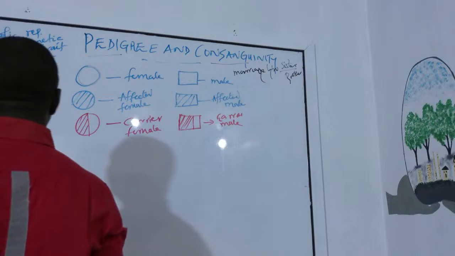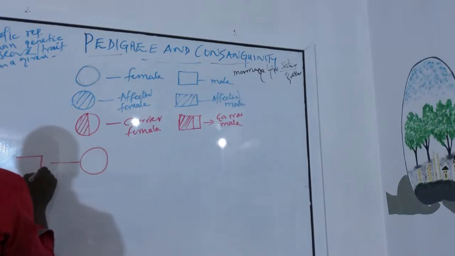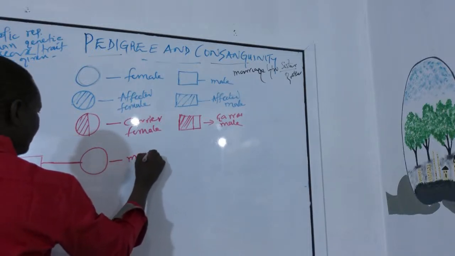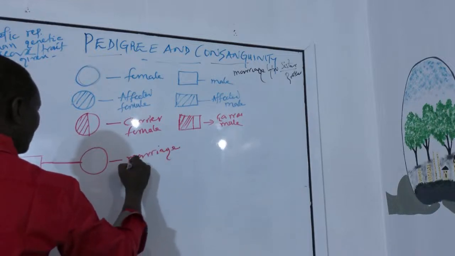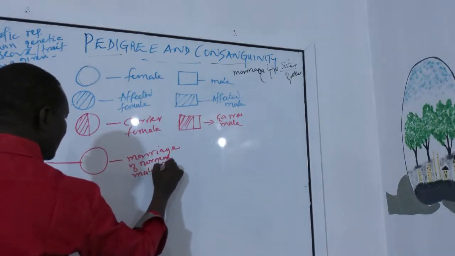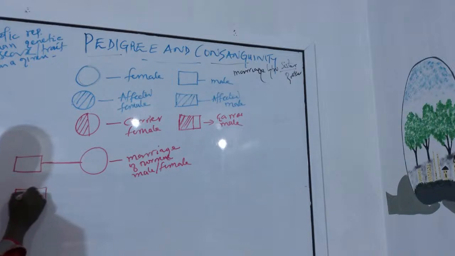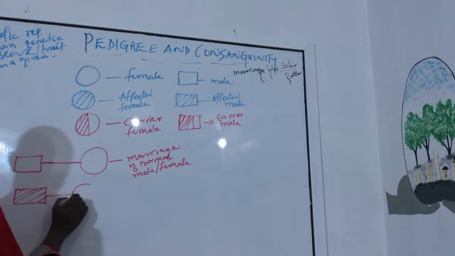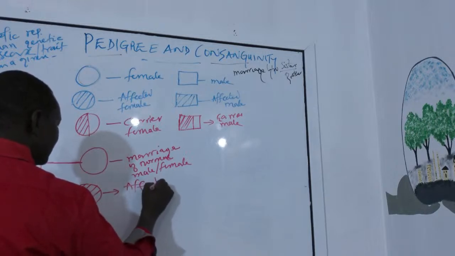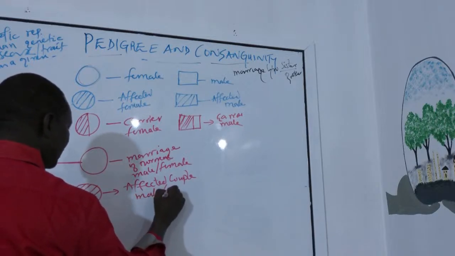Anywhere you see something like this, it means a marriage of a normal male with a normal female. If there is something like this, it is an affected couple, that is, the male and female are both affected.